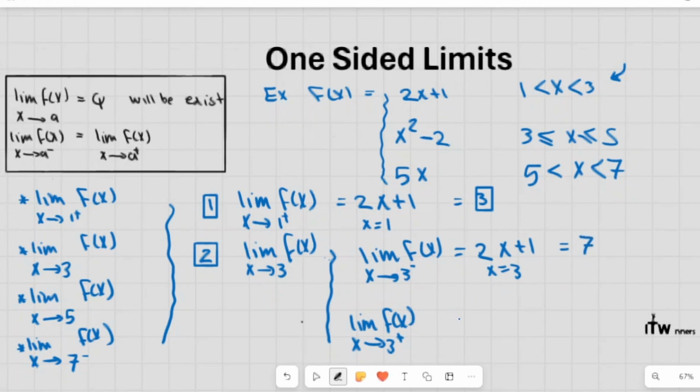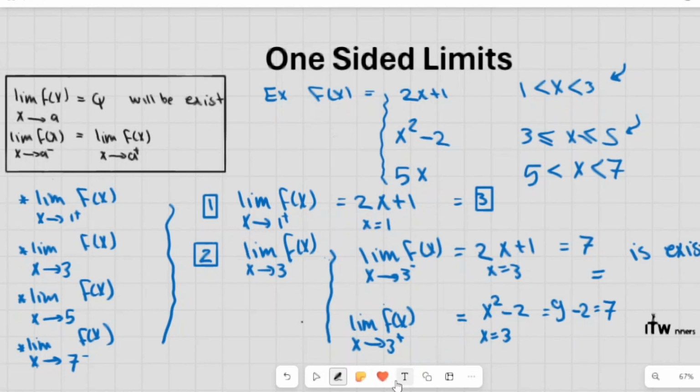Okay, again x here approaches 3 positive, and this is defined on this interval, so this will be equal to x squared minus 2, and here x equal to 3, this will be equal to 9 minus 2 equal to 7. So the limit on left hand equals the limit on right hand. So the limit here exists.